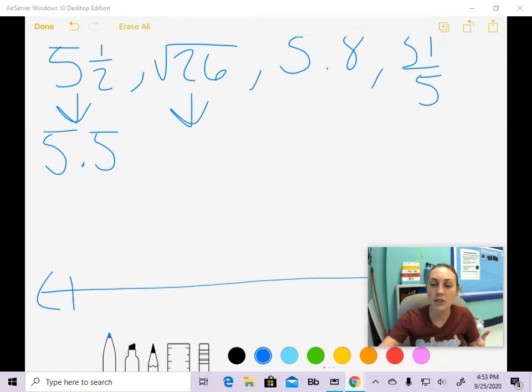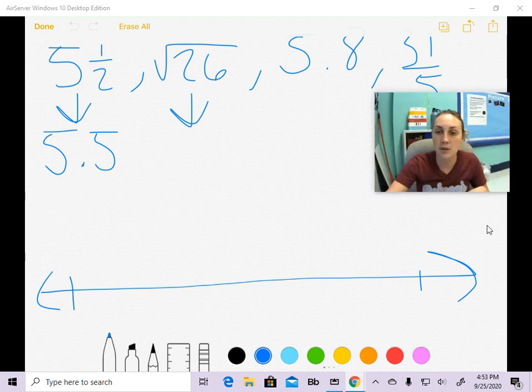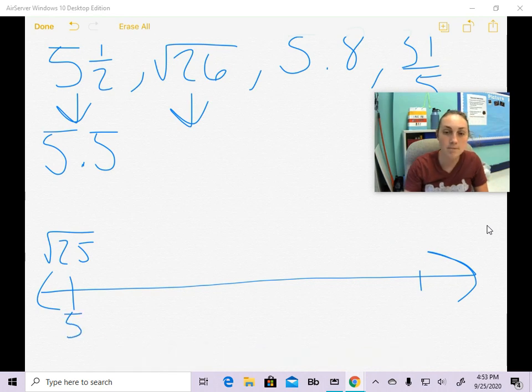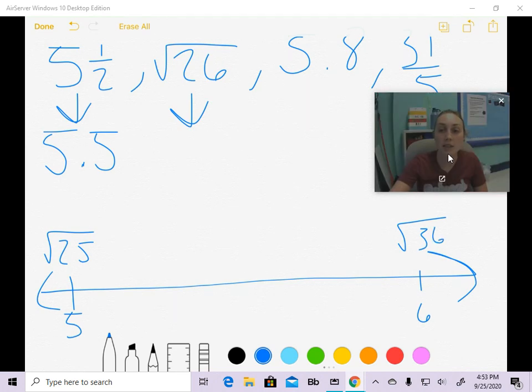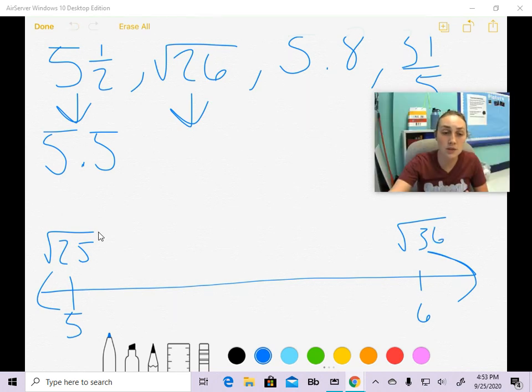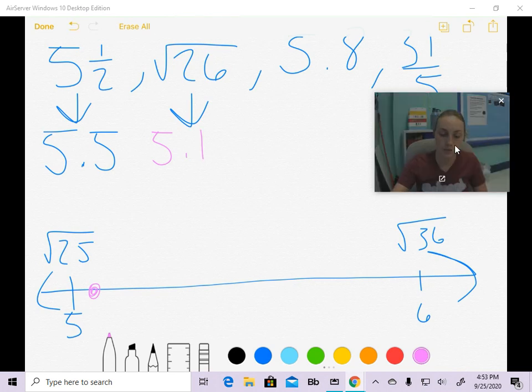Figure out which 2 perfect squares the square root of 26 is in between. One perfect square is the square root of 25, which is 5, and the other one has to be 6, which is the square root of 36. The square root of 26 is a lot closer to the square root of 25. I would say it's about right here. So a good estimate would be about 5.1.